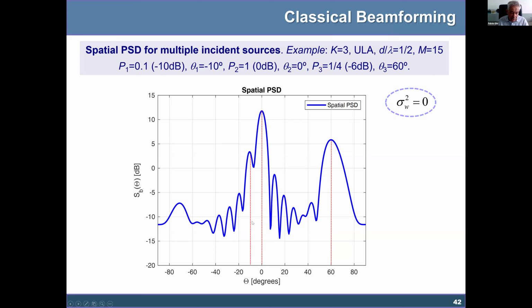So minus 10 dB is here, the red vertical line. But the position of the peak is not at minus 10 dB. So there is a bias that is generated by the interaction between the main lobe of the weak source with the side lobe of the stronger source.